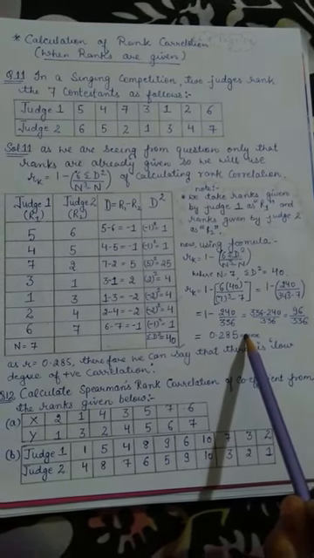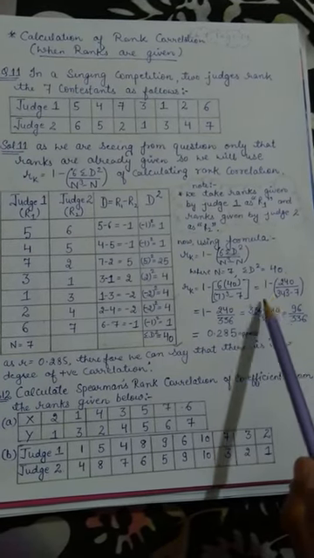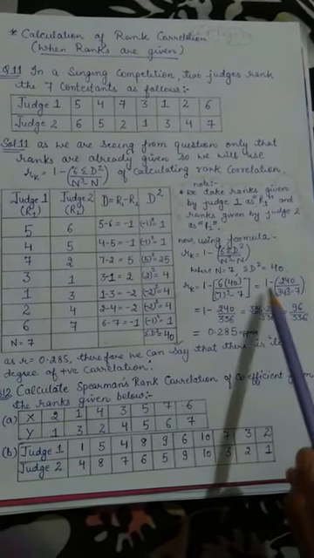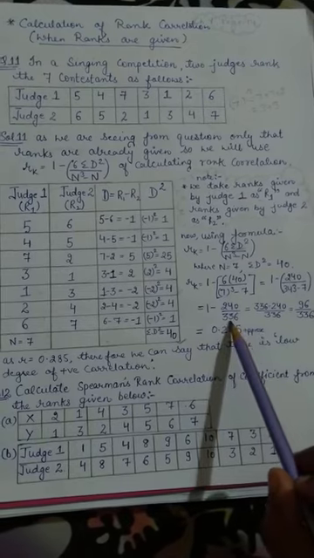I hope you all are perfect in doing all these. 6 into 40 will give you 240. How will you find 7 cube? 7 cube is equal to 7 into 7 into 7, that is 343. So when you do 343 minus 7, you will get 336.